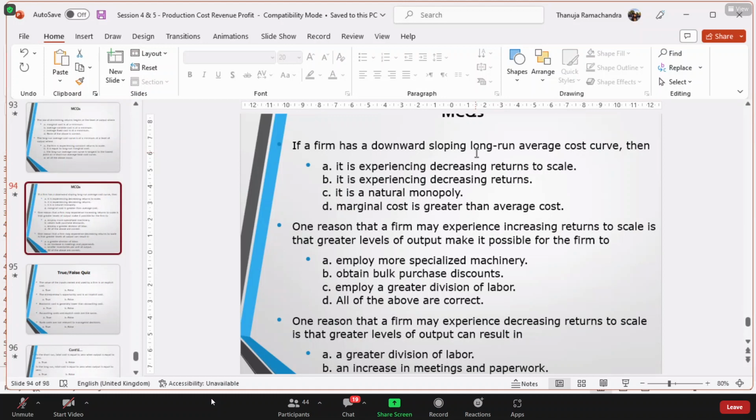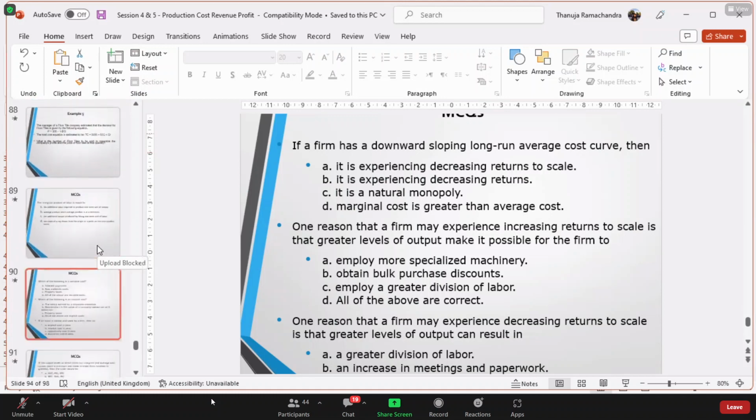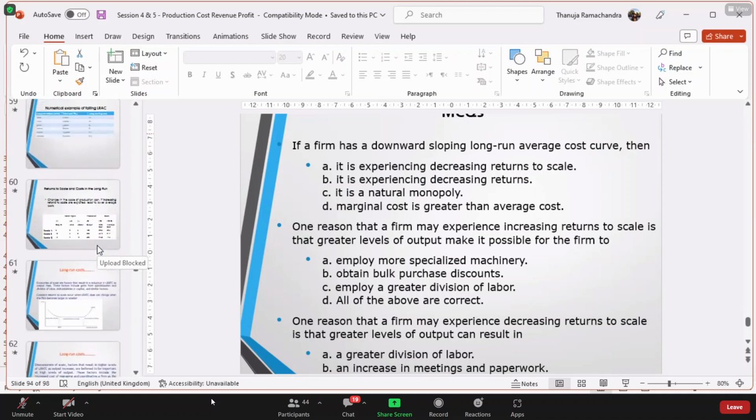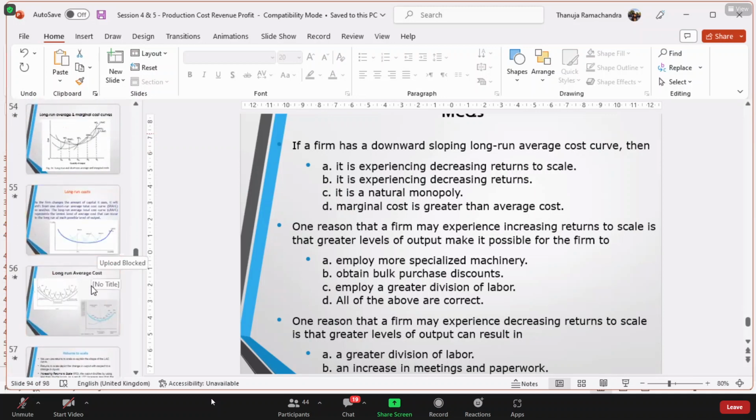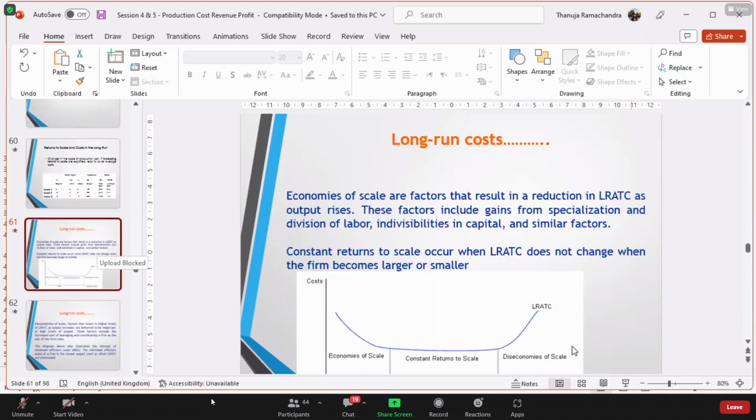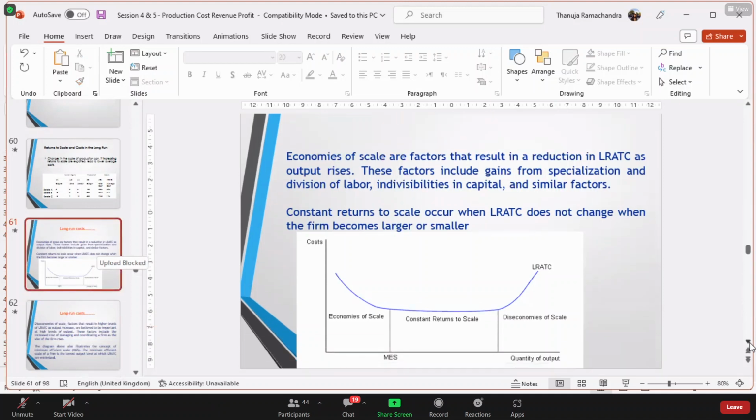Actually, if they are referring to an upward trend, here you can see, if you take the long run marginal cost, it will come like that and go through this one. When it goes through this one, marginal cost is above the average cost, right? So therefore it is referring to the upward side. So the fourth answer is for the upward.